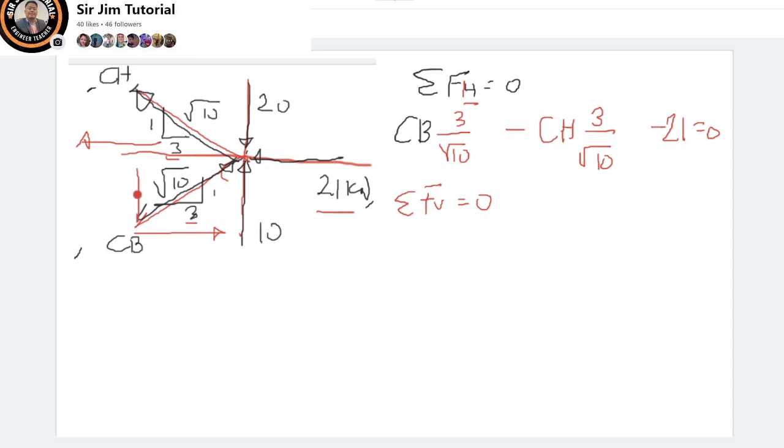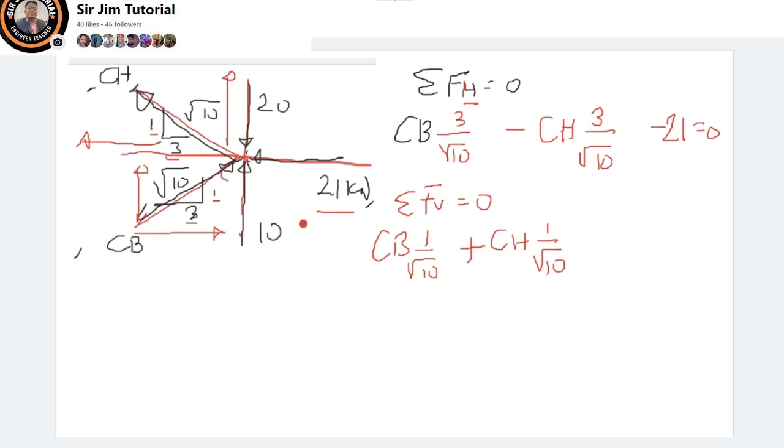This one going up, which is CB. Now we use this vertical side and then square root of 10. And then also this one, CH, again going up. Again we use this one. This also plus CH, and then 1 over square root of 10.